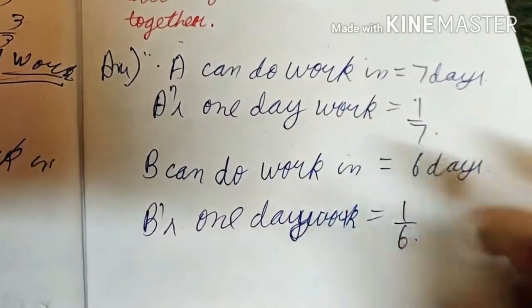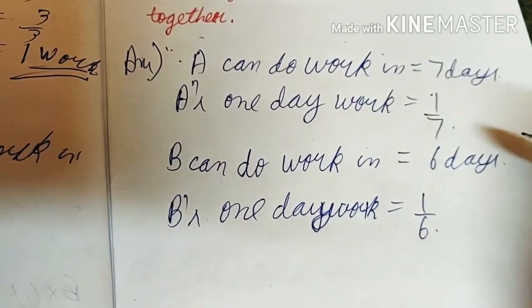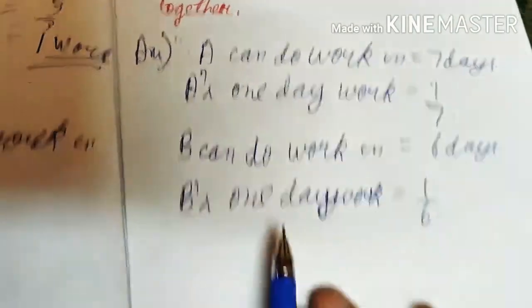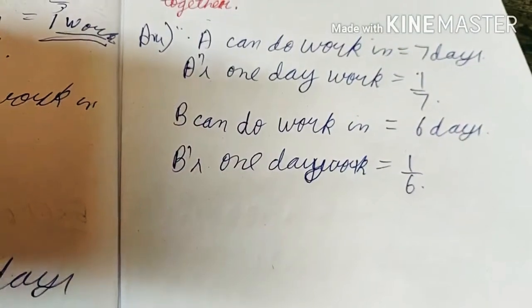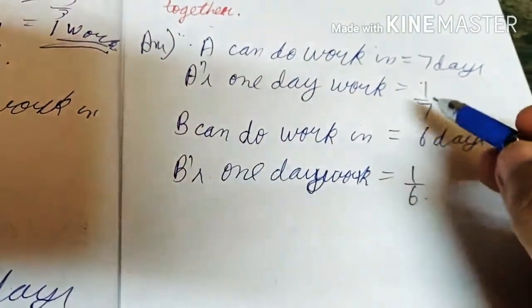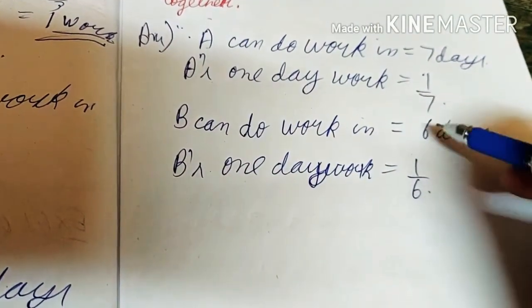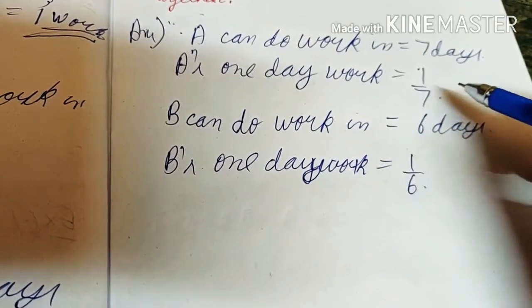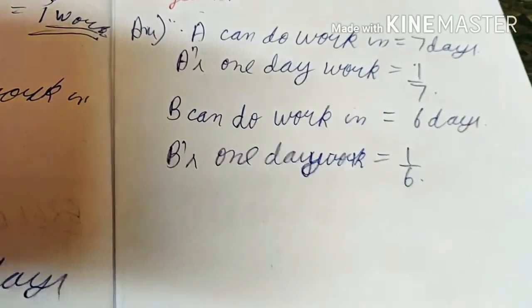Means if we see A and B are working together, then in one day the total work that will be done working together will be 1 by 7 plus 1 by 6.